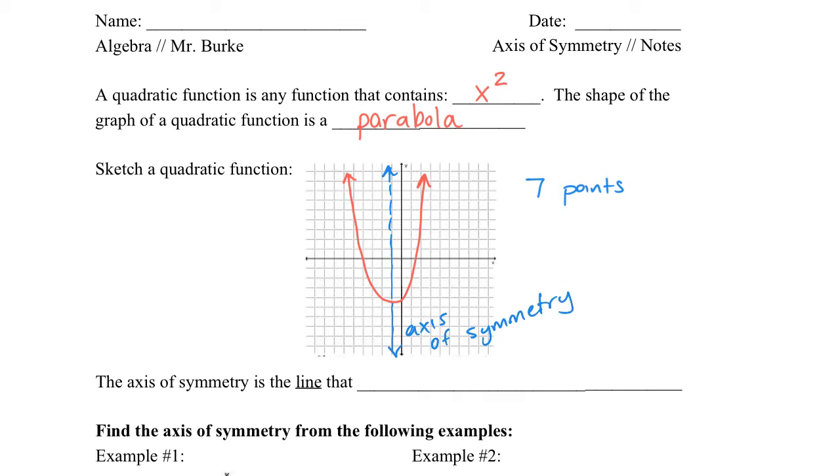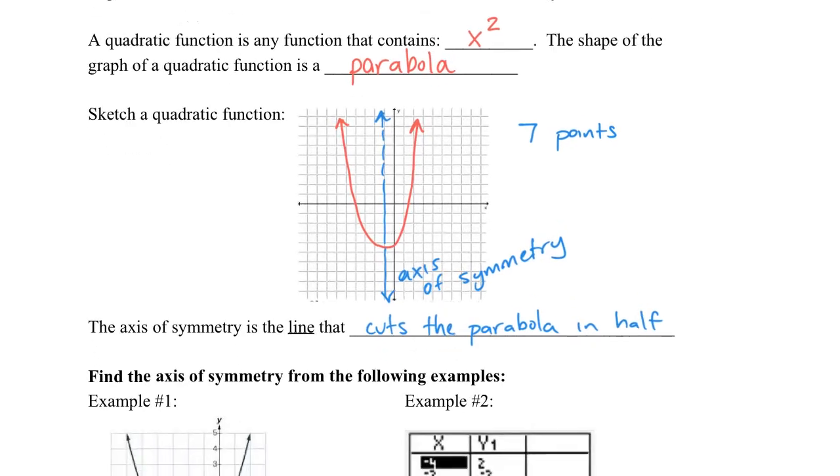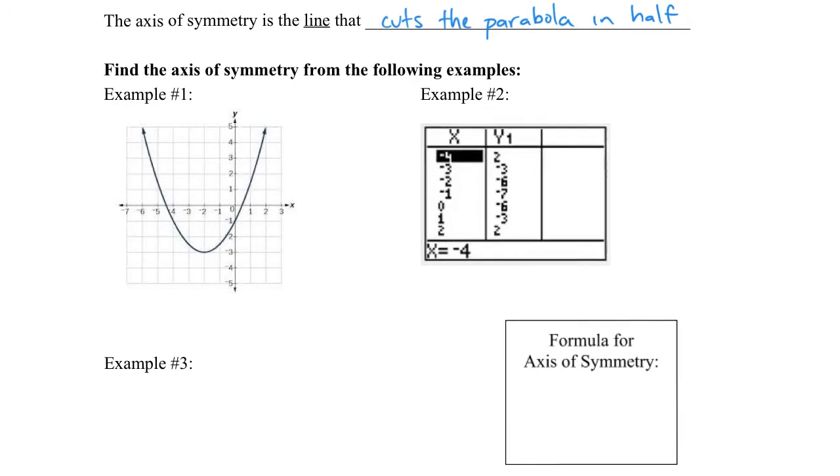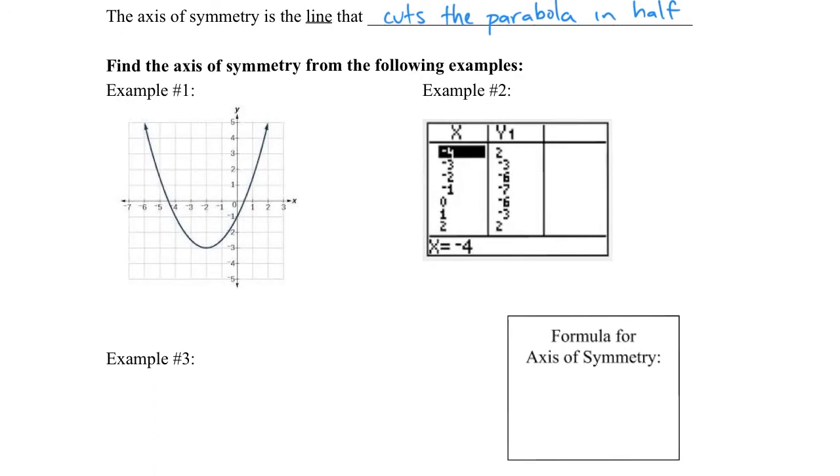It is the line that cuts the parabola in half. So you need to be able to identify this axis of symmetry and name it.